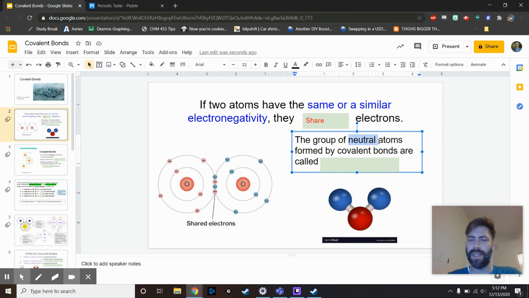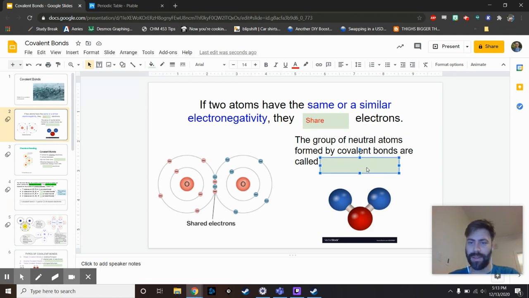In covalent bonds, the atoms are neutral. In ionic bonds, atoms are charged. They form ions. Covalent bonds do not form ions. Covalent bonds form molecules. Another name for covalent bonds is molecular bonds.